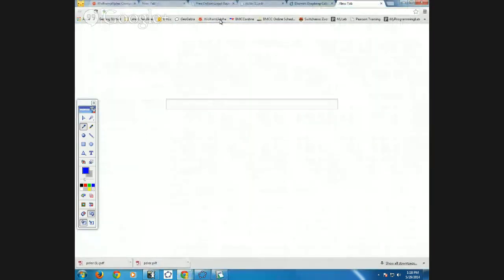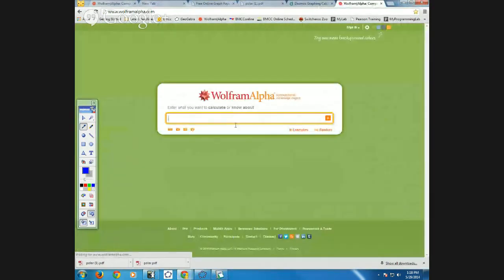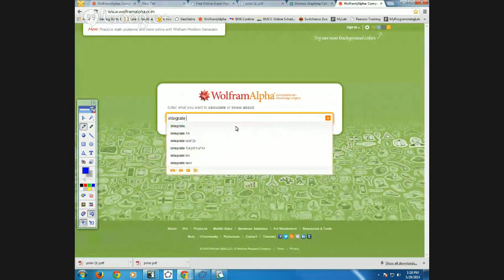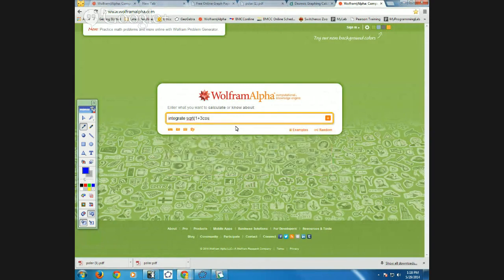Okay, Wolfram Alpha. So what I want to do is integrate the square root of 1 plus 3 cosine squared of 2x.